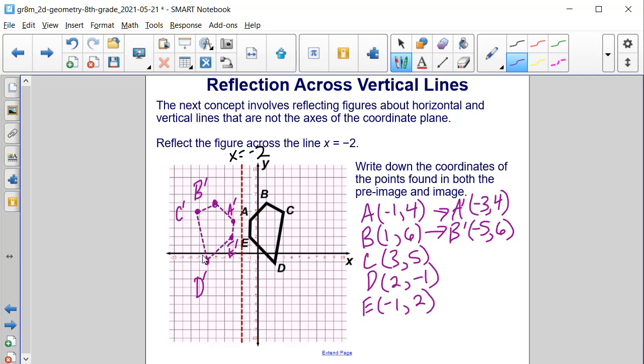C prime is at -7, 5. D prime is at -6, -1. And E prime is at -3, 2.